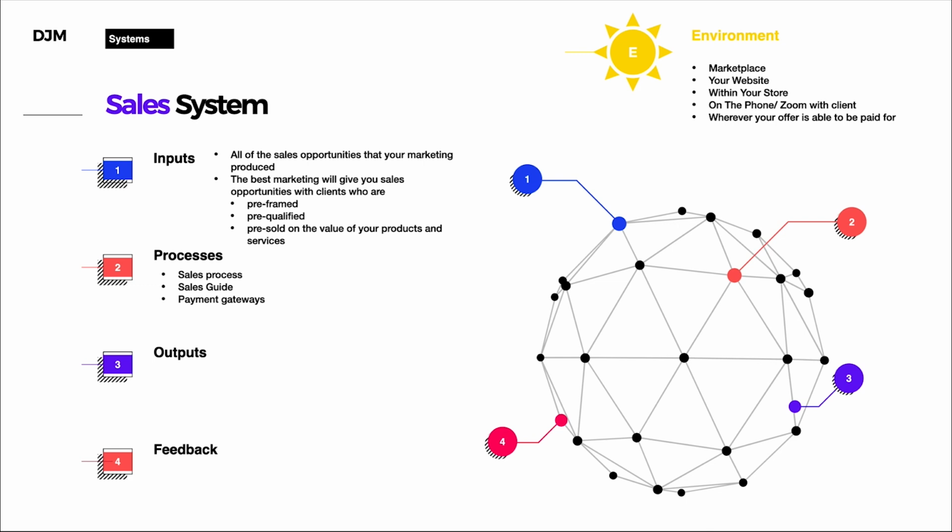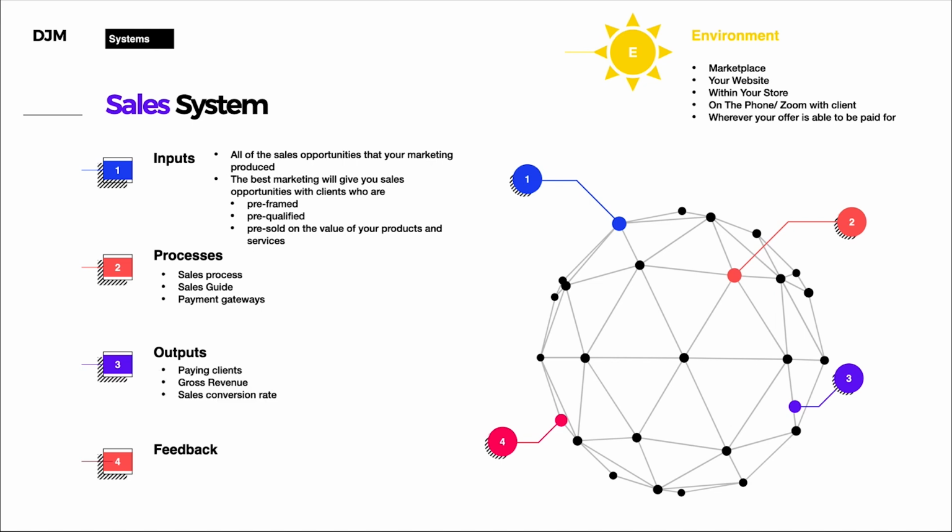The processes of sales are the sales process. So it could be writing down your email, your name, and then putting in your credit card. It could be a sales guide. So it could be even like a pamphlet that you hand out to someone that says, call this number. And it's payment gateways with Stripe, with Shopify, with something through Instagram, Square, your point of sale in your store, how they swipe their credit card.